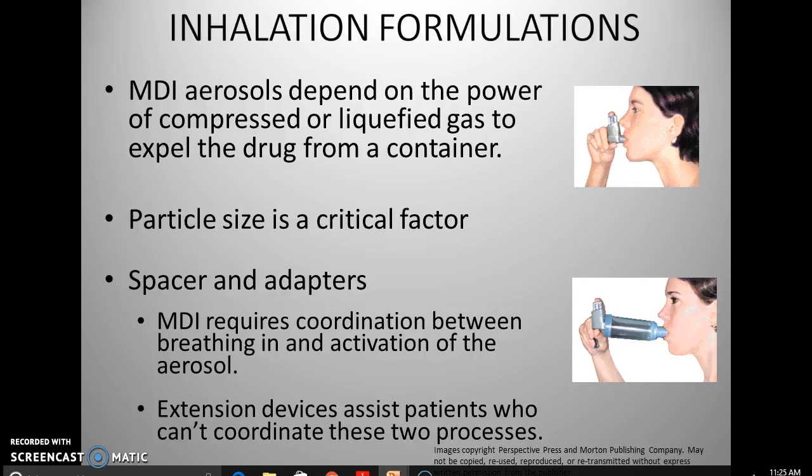The spacer allows patients to separate actuation of the aerosol from inhalation by 3 to 5 seconds. Very, very important. It allows for the breathing in of what has been expelled from the MDI aerosol, and an extension device can be very helpful in patients who cannot coordinate the two processes.